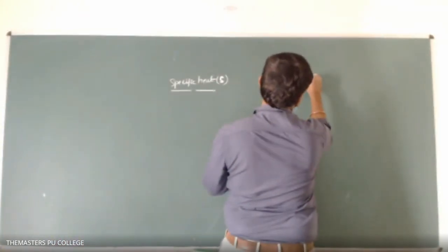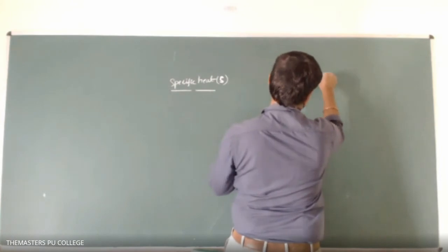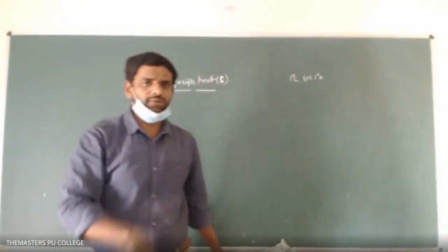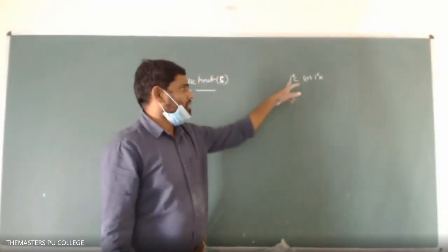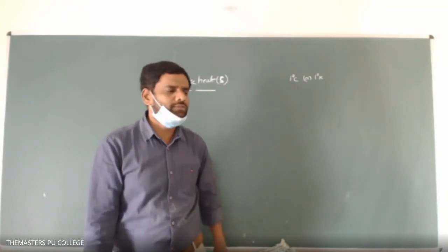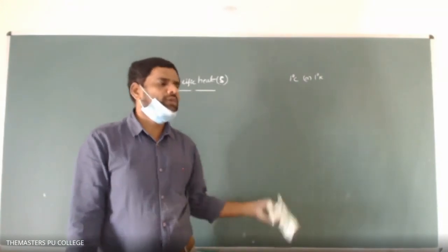Rise in temperature will be the same in both the scales. That's why 1 degree Celsius or 1 degree Kelvin is known as specific heat.